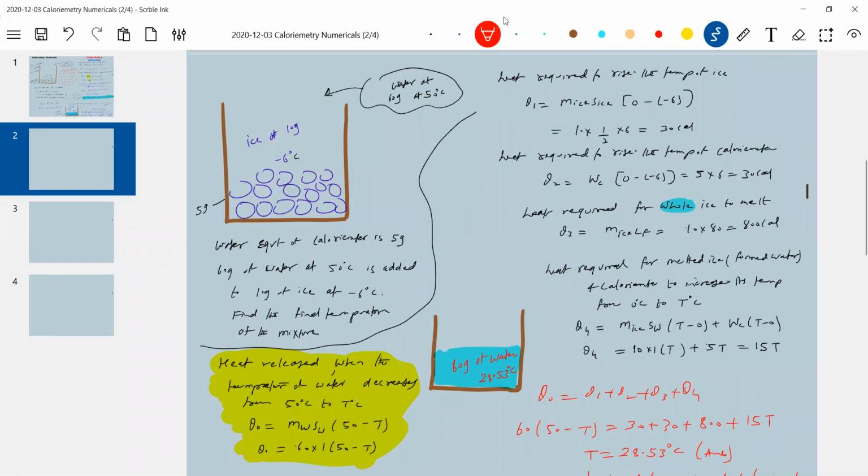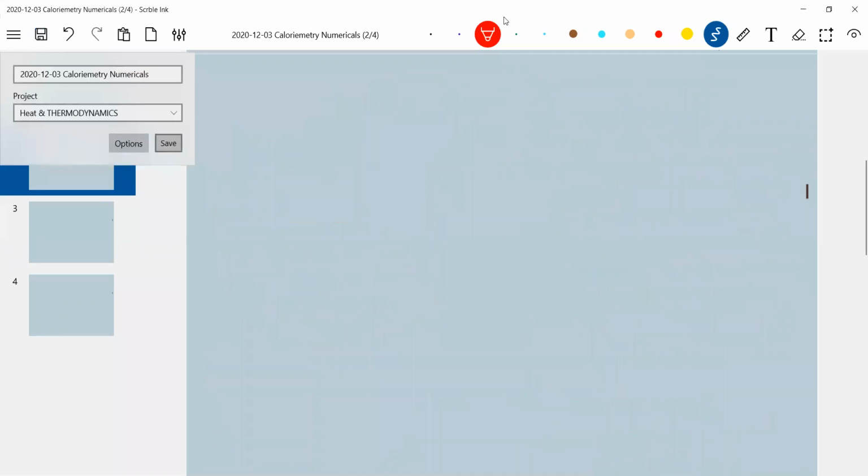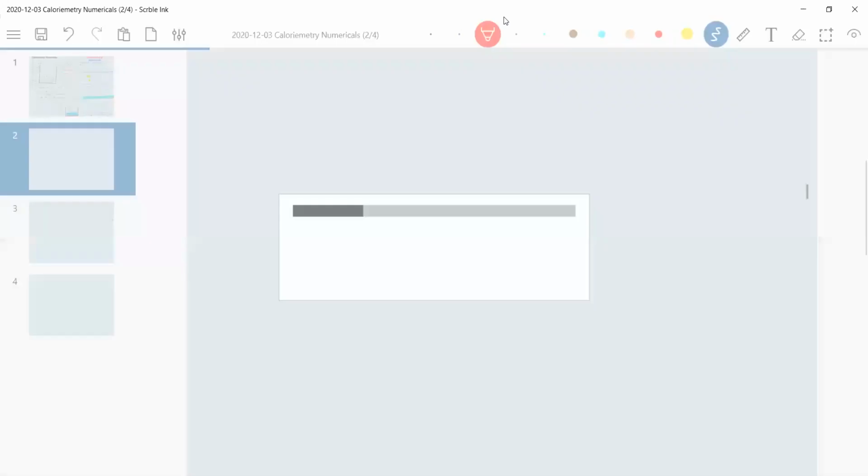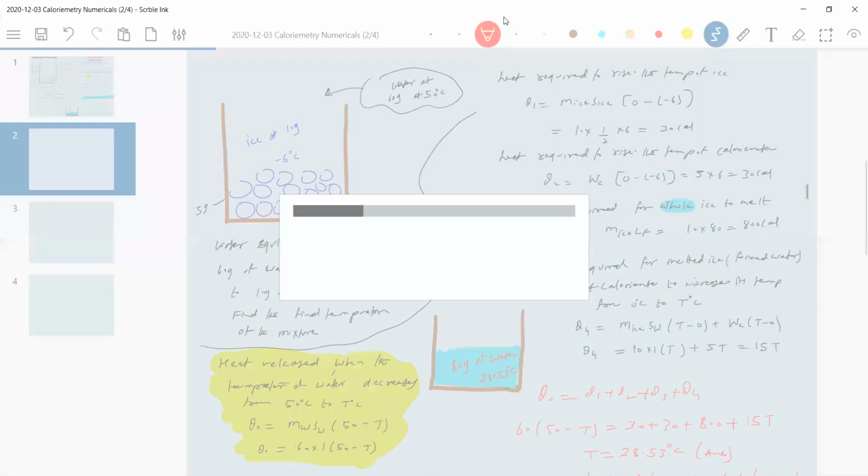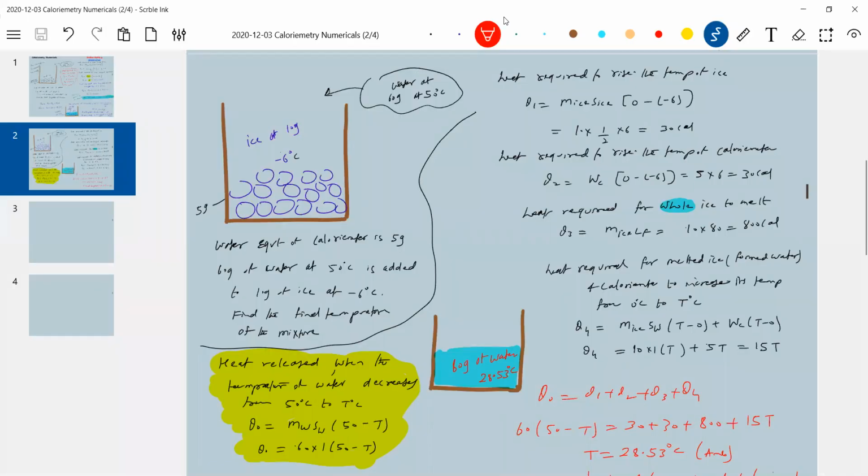Even the temperature of the calorimeter will also increase because it will also absorb heat, no? Sometimes the whole ice will melt, sometimes the whole ice will not melt. And sometimes what will happen is the water will freeze. It can happen also. There can be a numerical of that kind also.